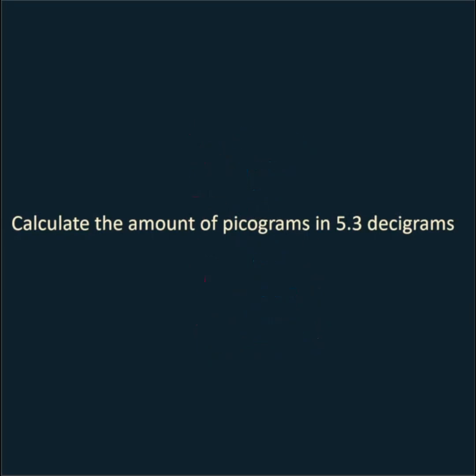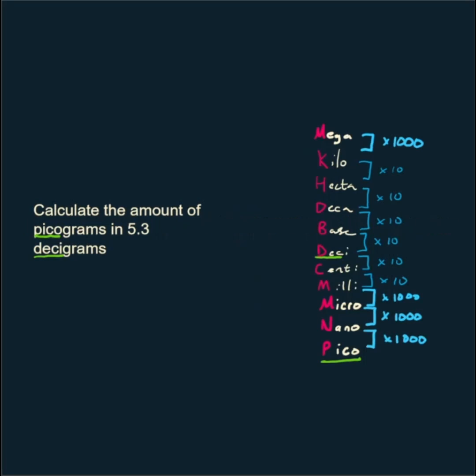For example, if we had this problem asking us to convert from picograms to decigrams, we identify the 2 units: our starting unit, pico, and our goal unit, deci. And we calculate this factor number. We have to keep in mind that, again, the difference in these units down below is 1,000, not 10.